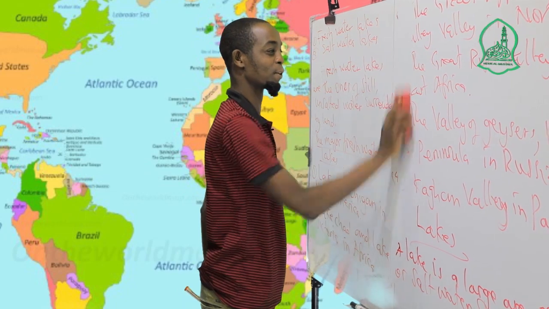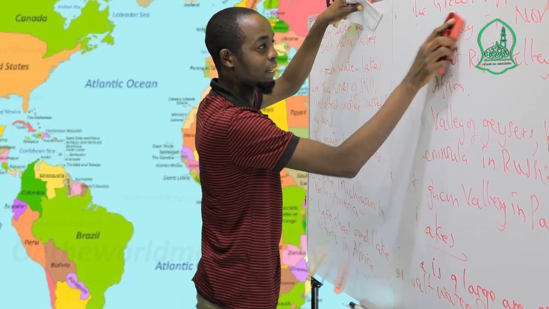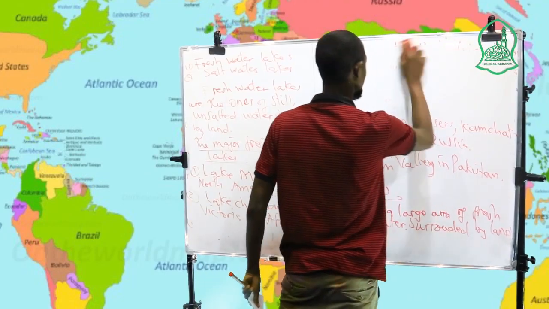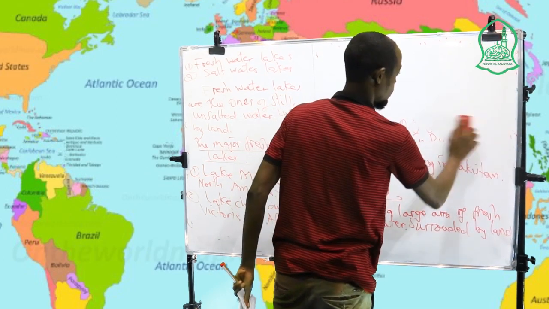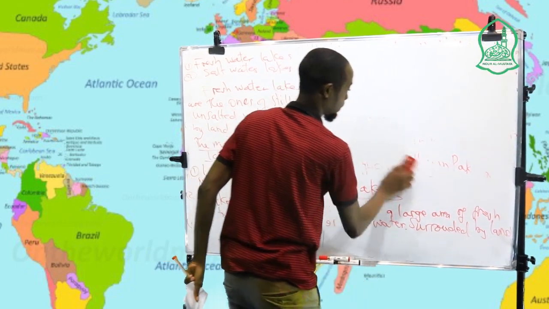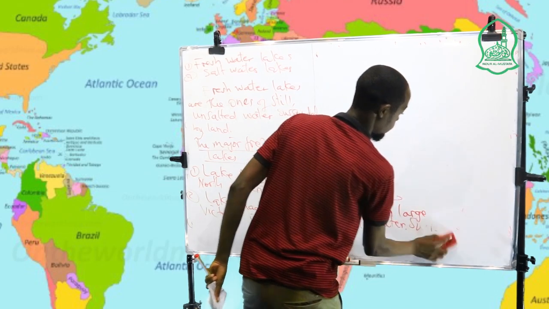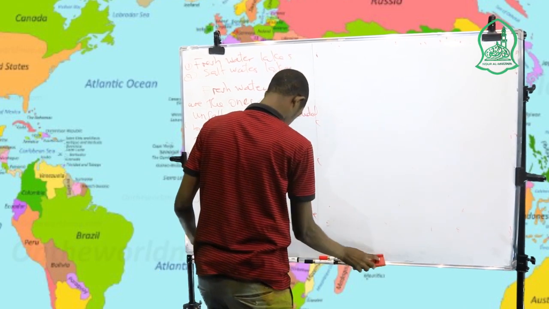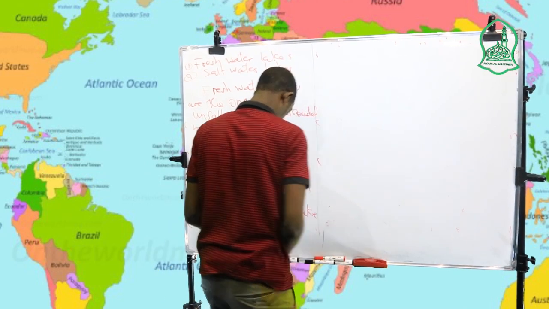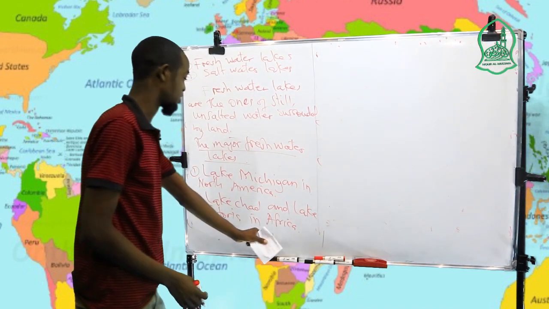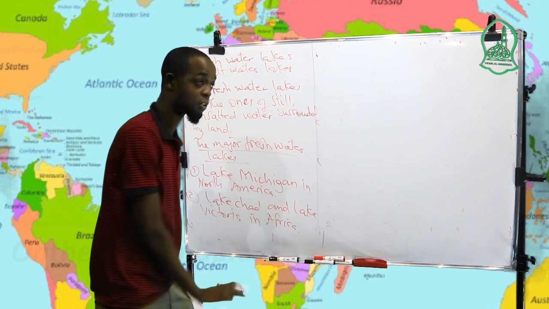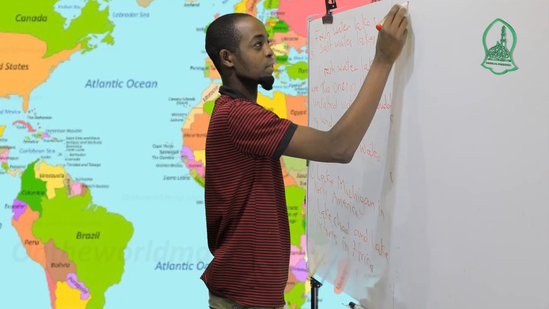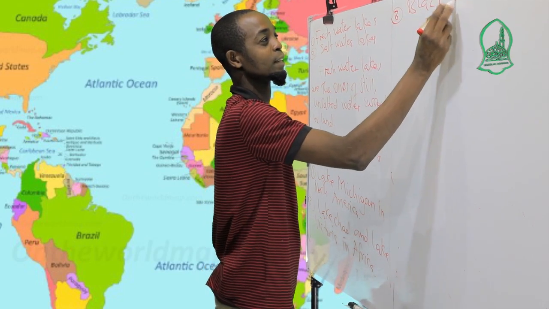Apart from Lake Chad and Lake Victoria, which are found in Africa, we also have number 3, the Black Sea.